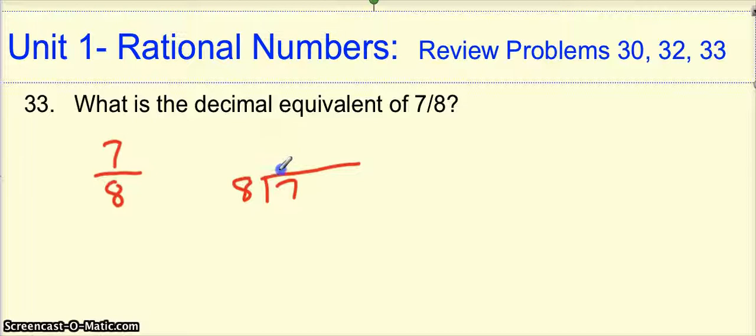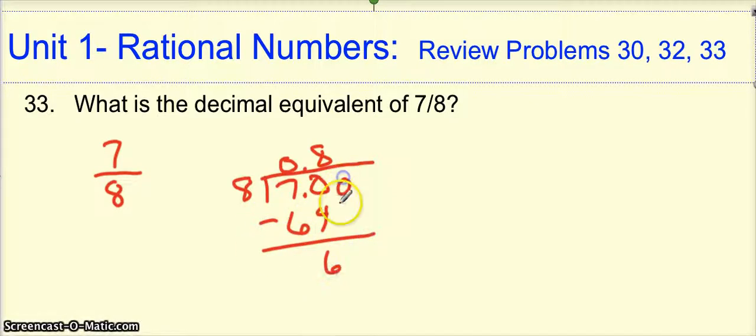8 cannot go into 7, so I'll put a 0 here. And if I want to keep going, write a decimal, add a 0. 8 goes into 70. 8 times 8 is 64. I have 6 left over. Add a 0. Bring it down. 8 goes into 60. 7 times 8 is 56.